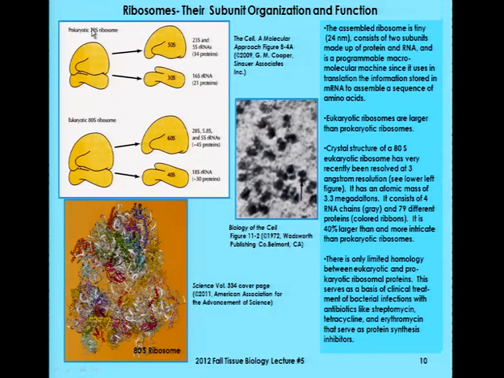Now, there's also very limited homology between the eukaryotic ribosomal proteins and the prokaryotic ribosomal proteins. And this is very important because it serves as a basis for treating bacterial infections. So antibiotics such as tetracycline, streptomycin, and erythromycin target the prokaryotic ribosome and thereby serve as inhibitors of bacterial infections.